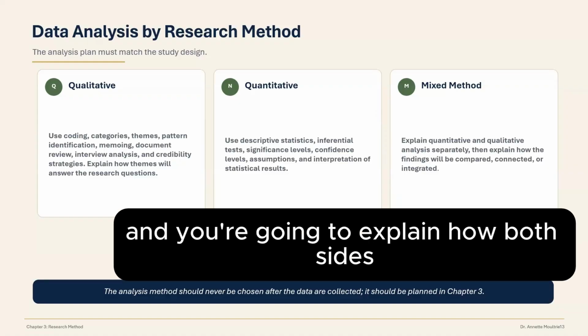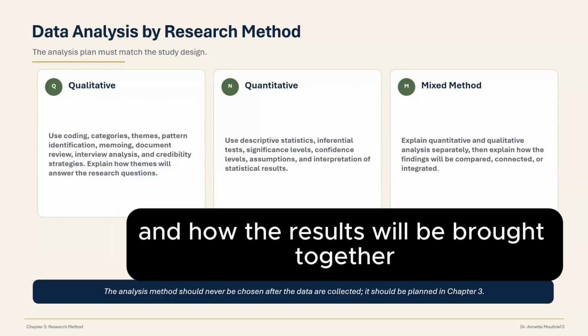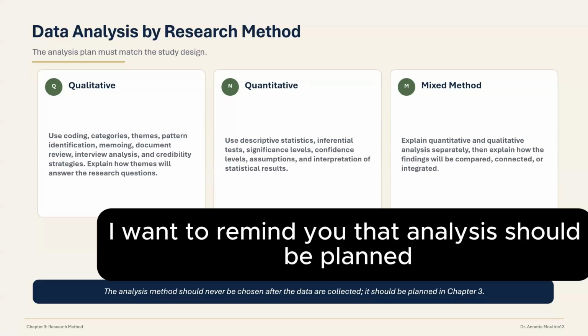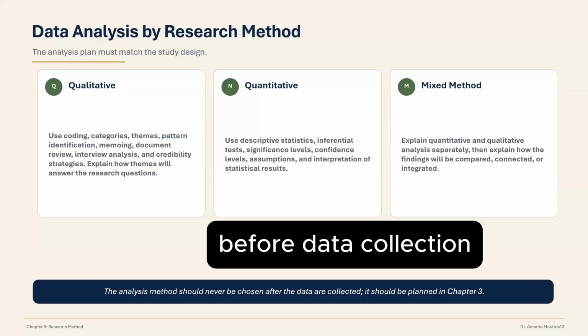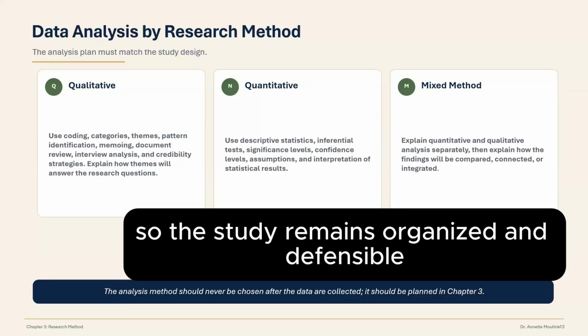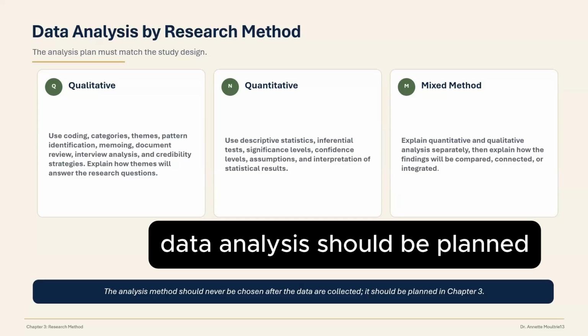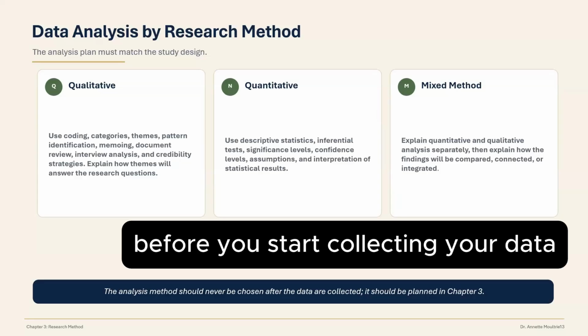You're going to explain how both sides and how the results will be brought together. I want to remind you that analysis should be planned before data collection, so the study remains organized and defensible. Again, the data analysis should be planned before you start collecting your data.